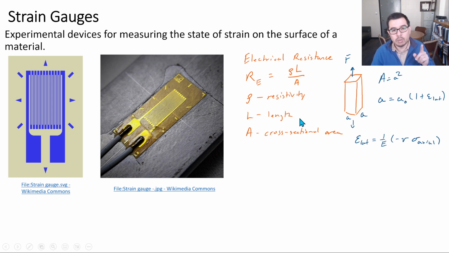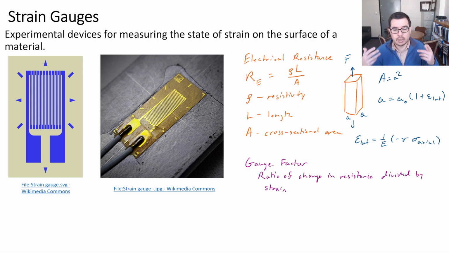Now, that's not the whole story in terms of what we're actually measuring, okay? If we think about the properties, the geometry, and say that rho is constant, we would have a gauge factor, okay, which is a ratio of the change in resistance divided by strain, that's only dependent on essentially this strain, this change in length divided by initial length, and the Poisson ratio, okay.